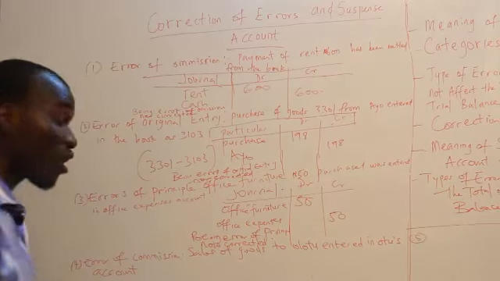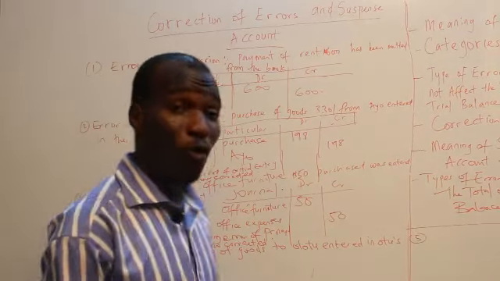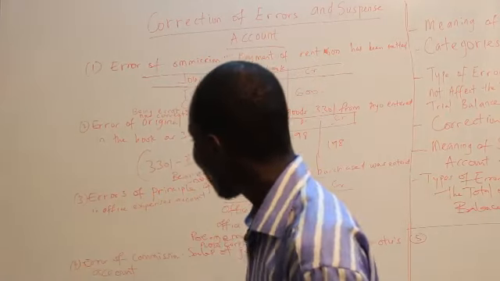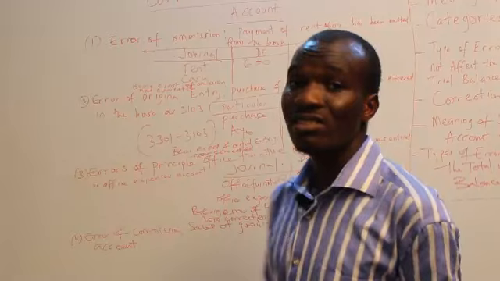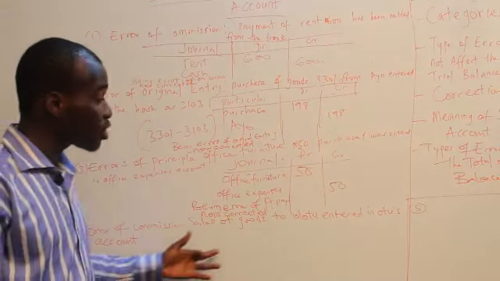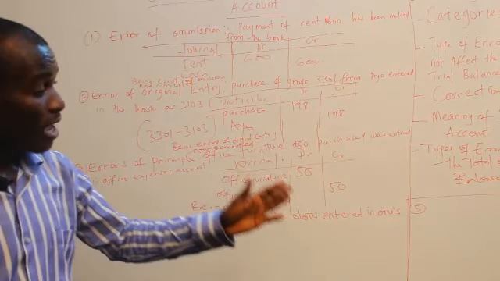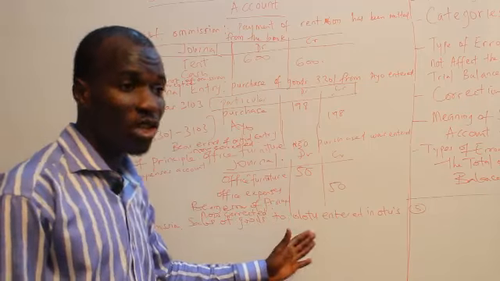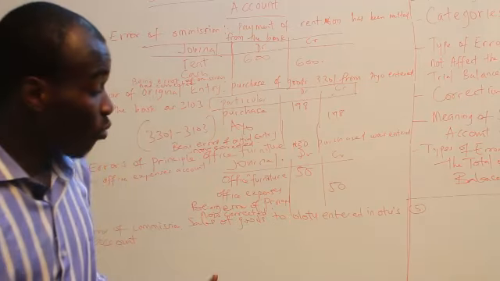So next one, we have error of commission. This category of error occurs when an item of transaction is recorded in a wrong person's account. So we have an illustration. Sales of goods to Olotu entered in Otu's account. Look at Olotu, a different personality was recorded.